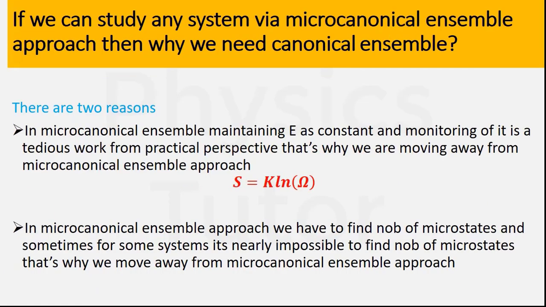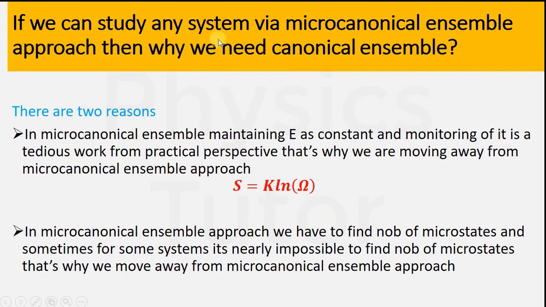An important question arises: if we can study any system via the microcanonical ensemble, in which the number of particles, volume and energy are the same because the system is isolated, then why do we need the canonical ensemble, in which we have constant temperature? So there are two reasons.